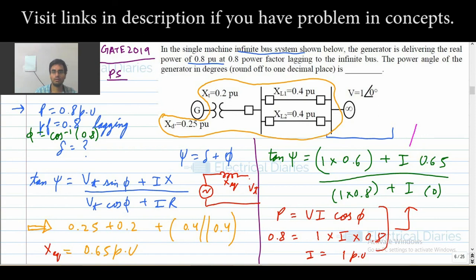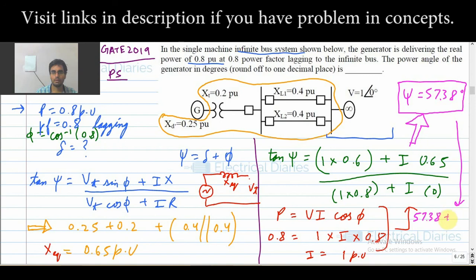Now if you put this whole thing in this formula, you will get psi equal to 57.38 degrees. Now you just have to apply this formula: psi, 57.38, is equal to delta plus phi.